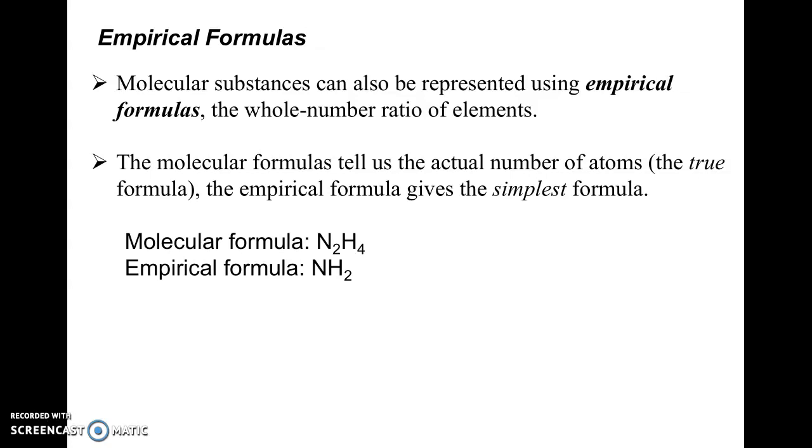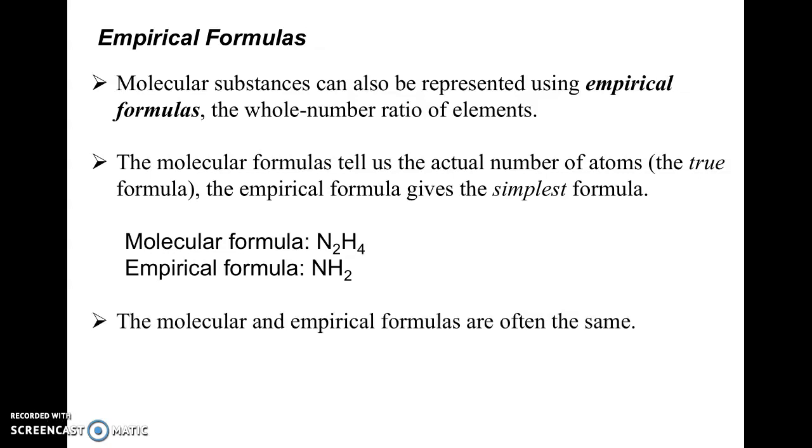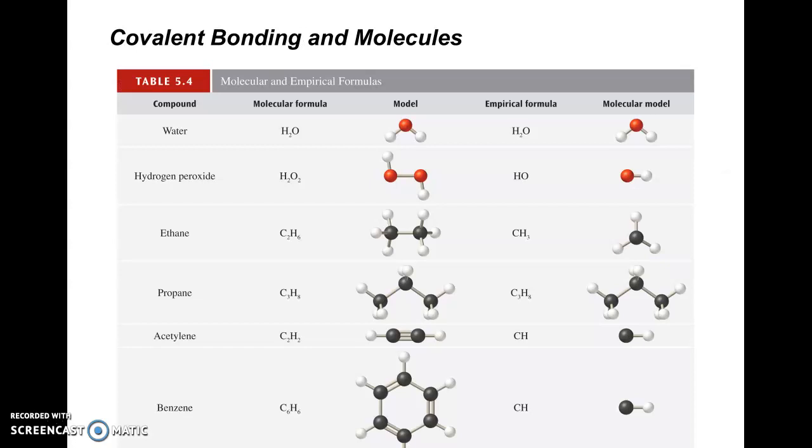So for instance, if you have hydrazine, the molecular formula is N2H4. There are 2 nitrogens, 4 hydrogens, but the empirical formula is the lowest denominator, if you will, so that would just be NH2. And you have to remember that sometimes the molecular and empirical formulas are the same. They can be the same.